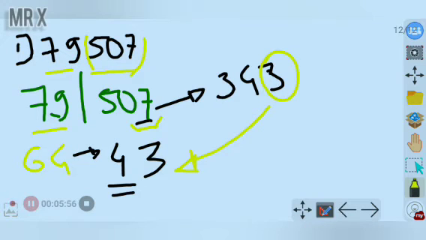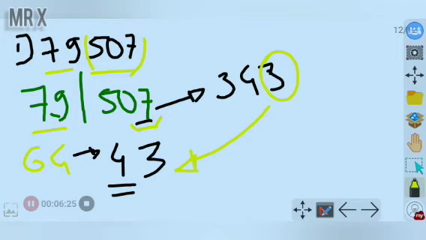That's why I tell you that you have to remember the cubes and the last digits of the cubes from 1 to 10.